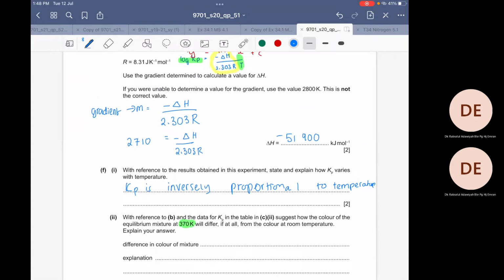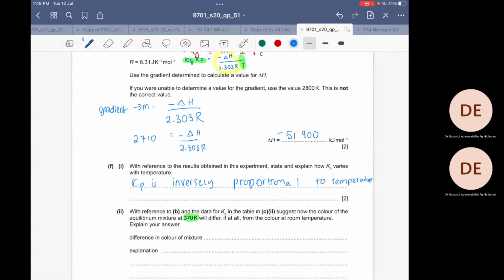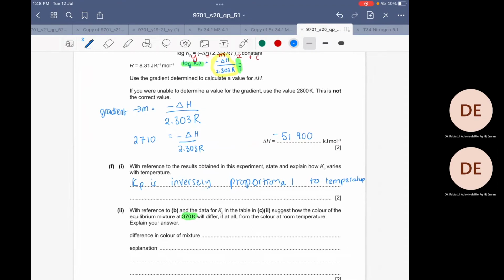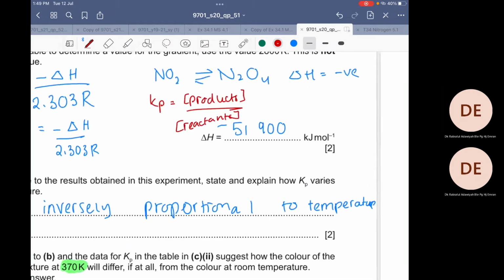Okay, so we have to look at this reaction again. 2NO2 to N2O4, and the delta H is negative. Okay, so as Kp is products over reactants. Agree?